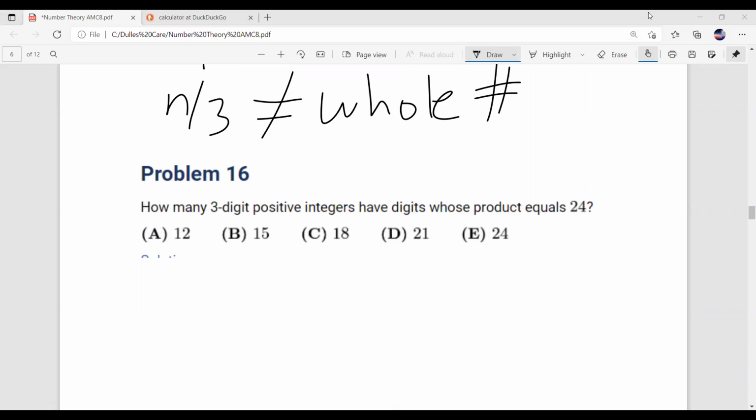Okay, so let's look at problem 16. How many three-digit positive integers have digits whose product equals 24? So let me give you around 30 seconds to do this problem, and then we'll go over it.